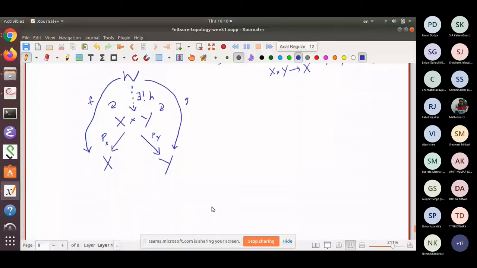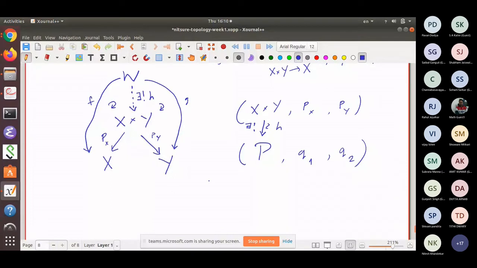Binary product is unique up to unique isomorphism. So if I have one product X cross Y, Px, Py, and another candidate for product P, Q1, Q2, then there will exist a unique isomorphism H such that everything commutes.